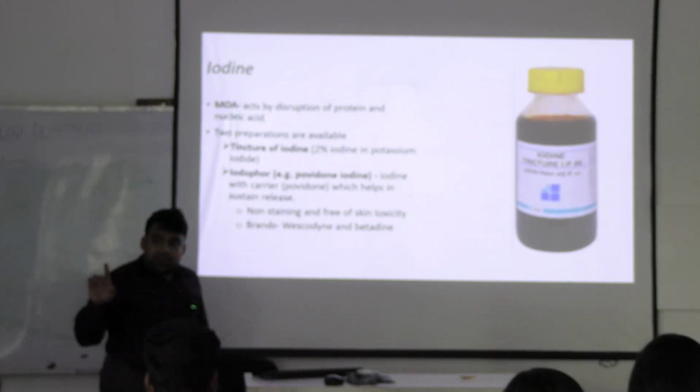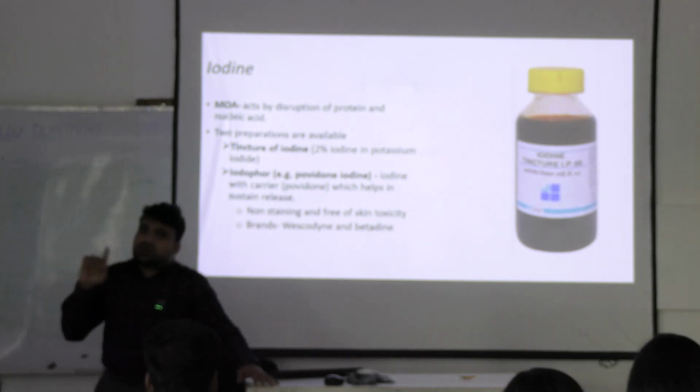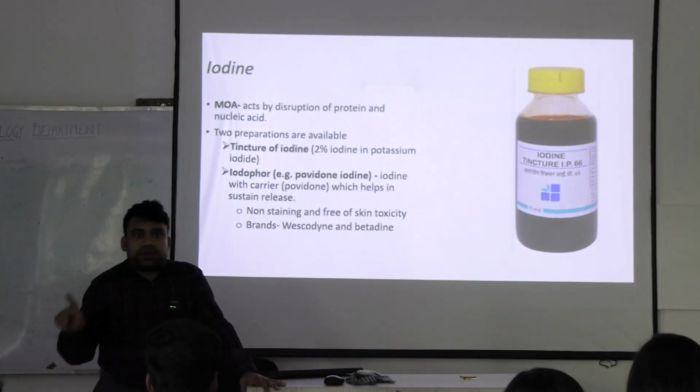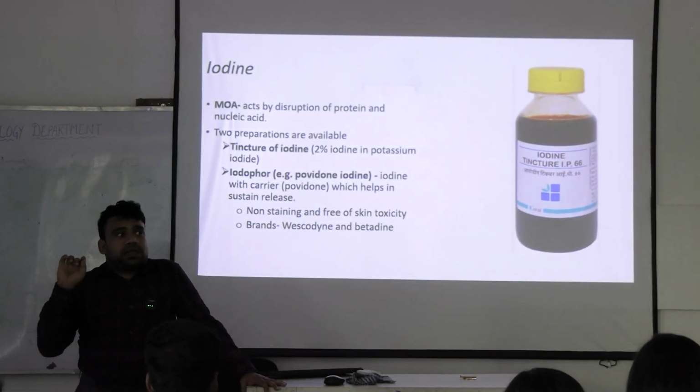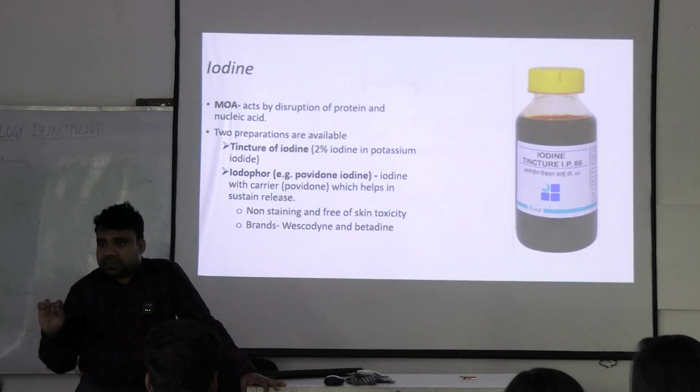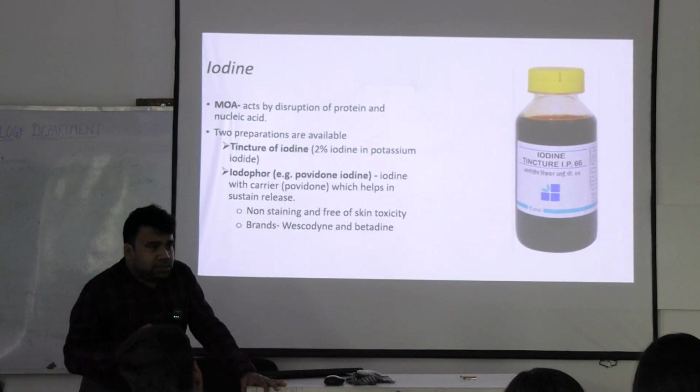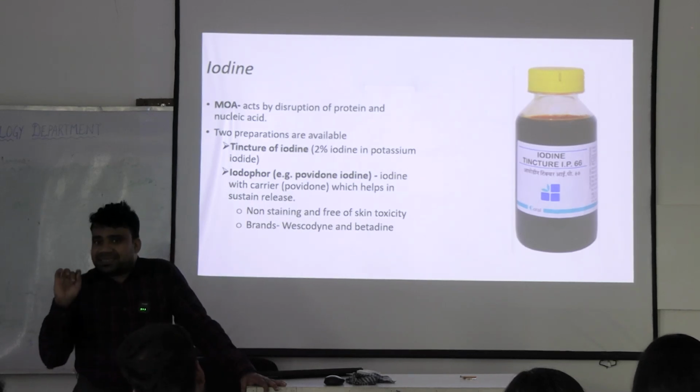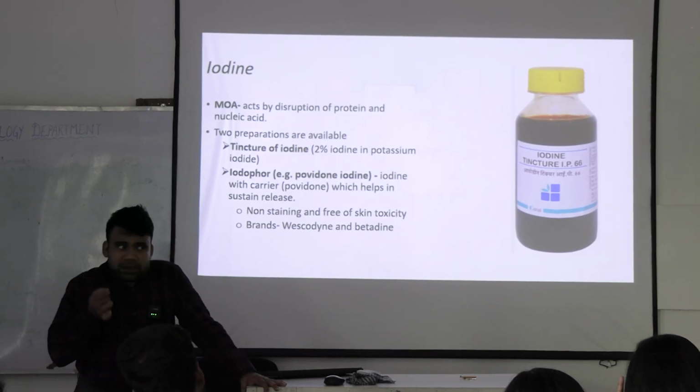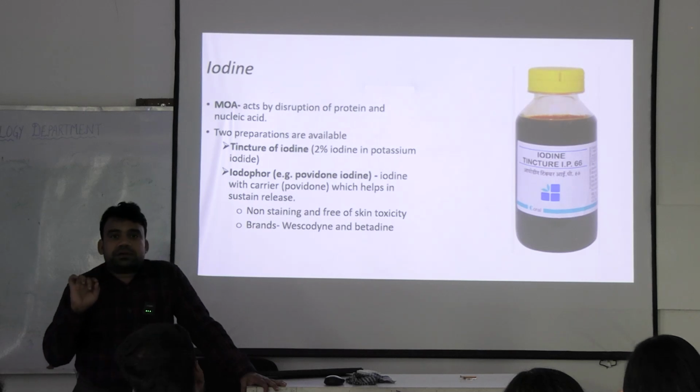But please remember, it does not cause damage to intact skin. That is fine. But if the skin is not intact, it can cause damage. So if you are using iodine for skin asepsis, before you puncture the skin, remove the iodine. Understood?